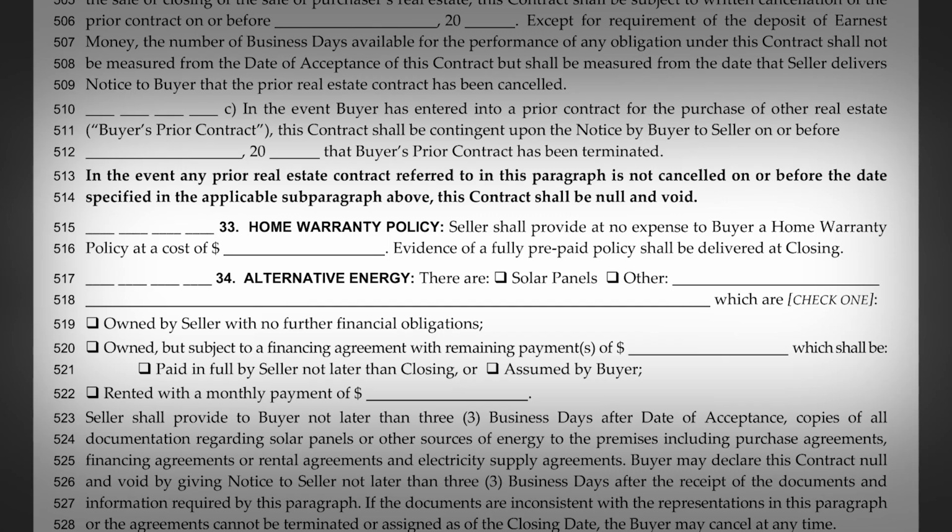So if there are solar panels on the home, you are going to initial the box marked solar panels, and then either line 518, 519, 520, and 521 will need to be filled out based on whether or not there's a financial obligation that will be transferring to the buyer.